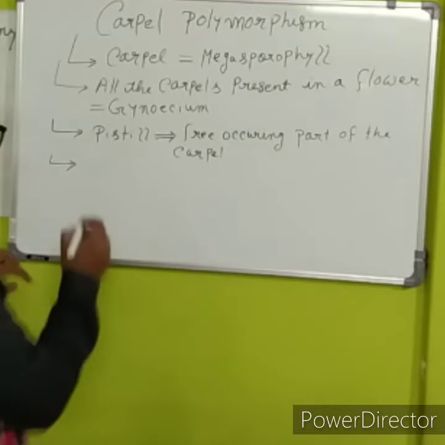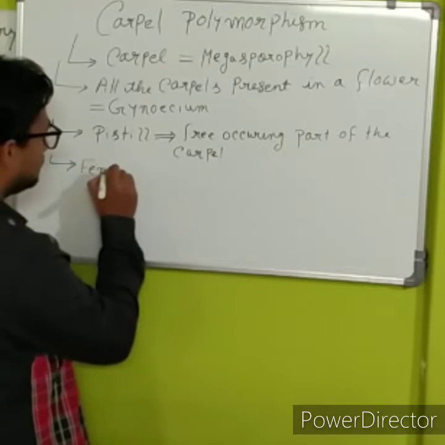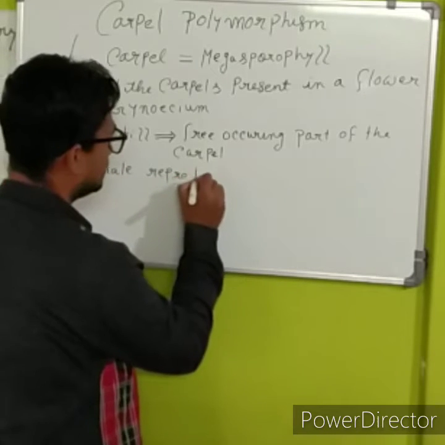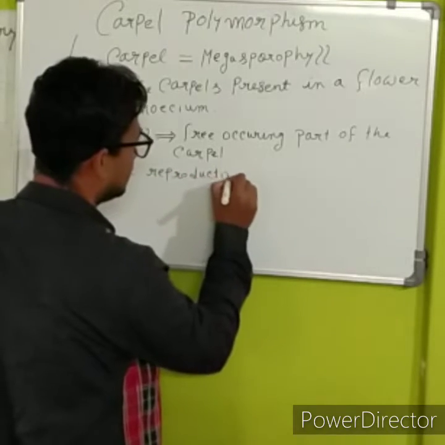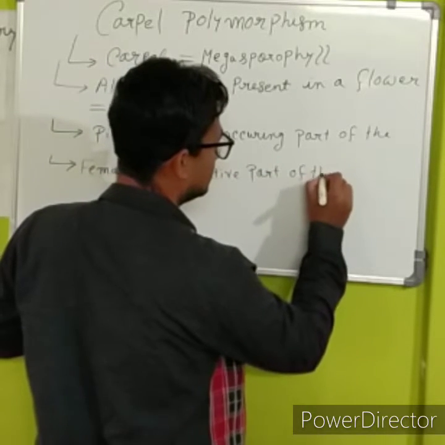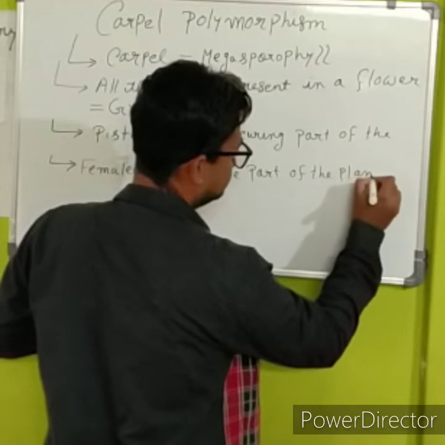The gynoecium is the female reproductive part of the plant body.